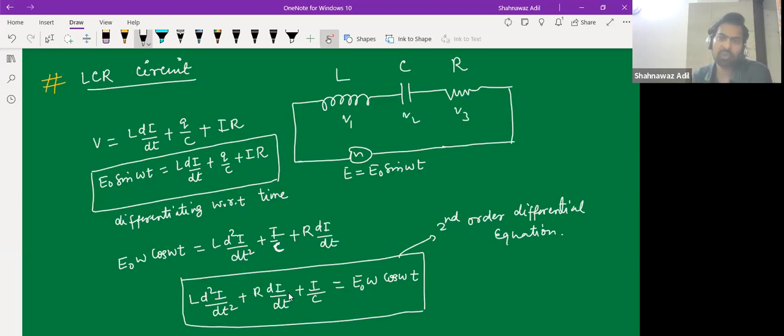So then comes the use of this phasor diagram. That is why the phasor diagram is very useful, because solving this is difficult. So then we will use this phasor diagram.